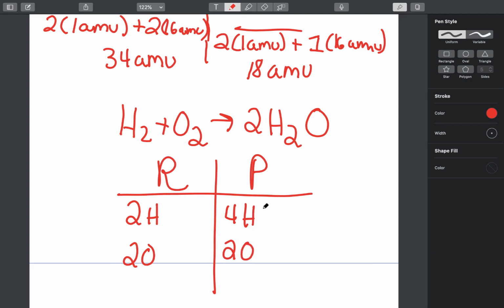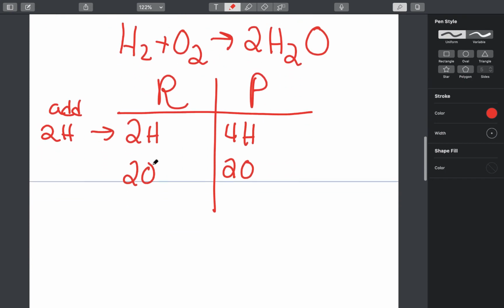So therefore, we now see that the hydrogens are not balanced. So now what we got to do is add 2 hydrogens to the reactant side. And the only way we can do that is to multiply the hydrogens by 2. So the H2 by 2.